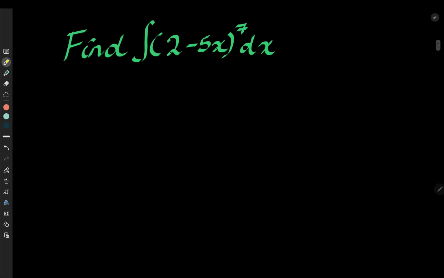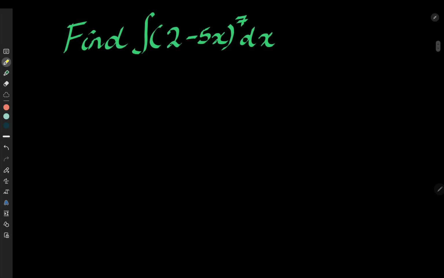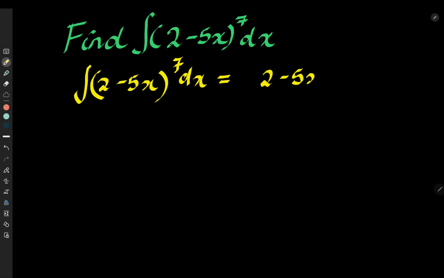In this example, we are asked to find the integral of (2 - 5x)^7 dx. The integral of (2 - 5x)^7 dx will be equal to, remember, we add 1 to the power, that will be (2 - 5x)^8 divided by 8 multiplied by the coefficient of x, that is negative 5.